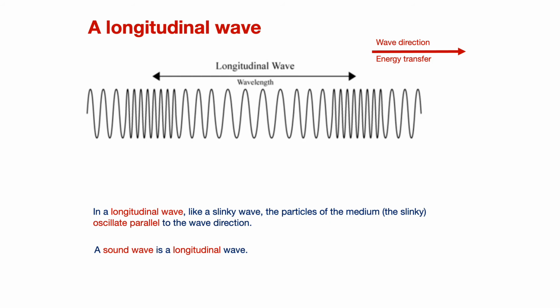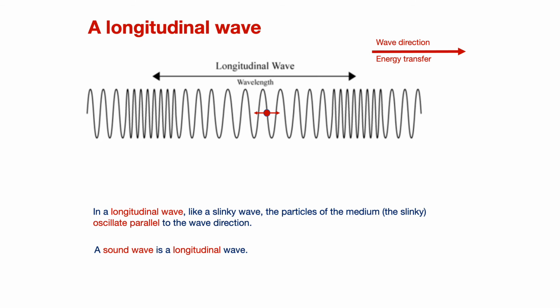If you look at that diagram, the wave direction is to the right, that's where the energy is going, and the particles of the spring, the coils, are also moving right and then left, back and forth, parallel to the wave direction. If we imagine a particle of the spring, one coil, shown by the red dot, how does it move? It moves left and right, just as shown. So that's a longitudinal wave.